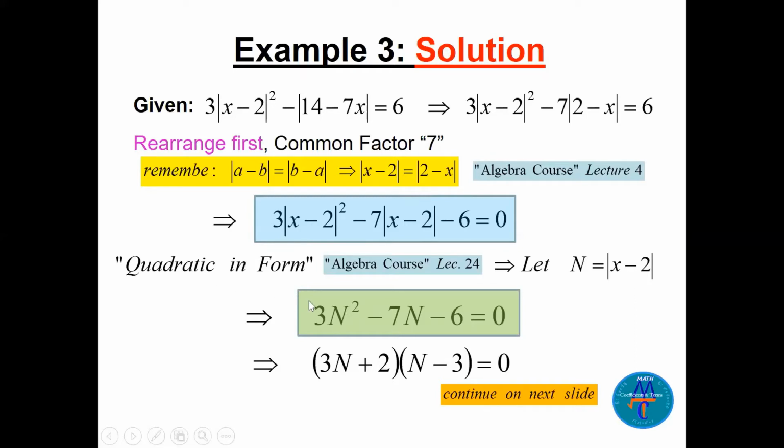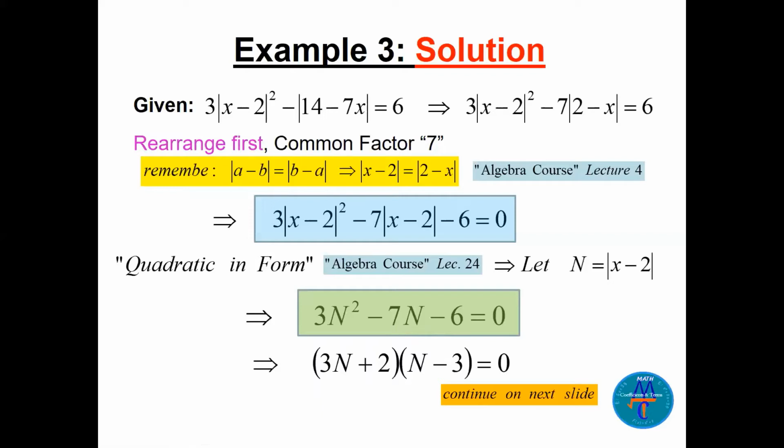So we have 3n squared minus 7n minus 6. So we can easily use slide and divide, or we can use trial and error to factor this: 3n plus 2 and n minus 3. If you multiply, you will get this equation. Now let's find n on the next slide.